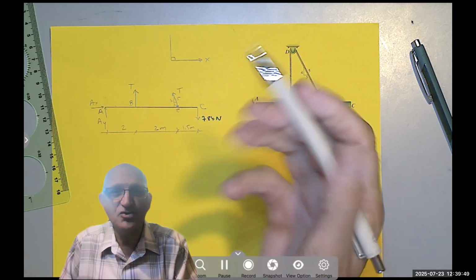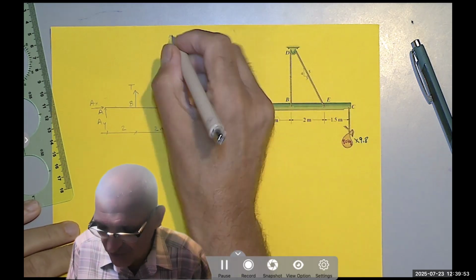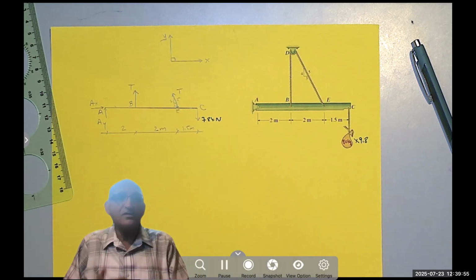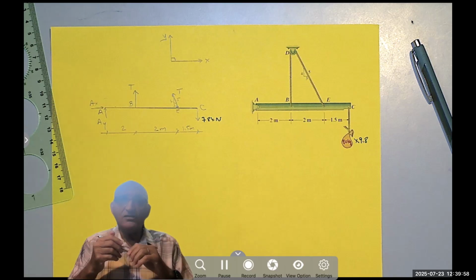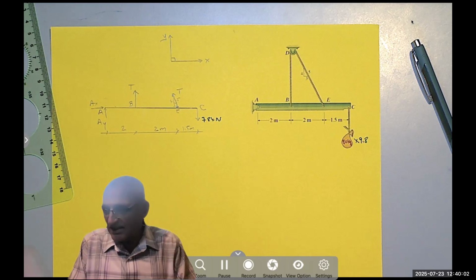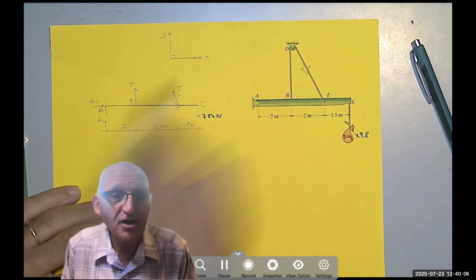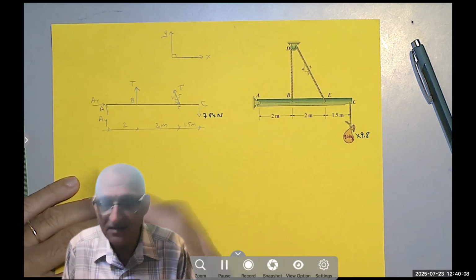So it doesn't make sense to use x and y as horizontal and vertical. Here, in most of these problems, we use x as horizontal and y as vertical, but it's not guaranteed. I don't know, you have to tell me. That's why you have to show it on the free body diagram. Otherwise, it's not free.